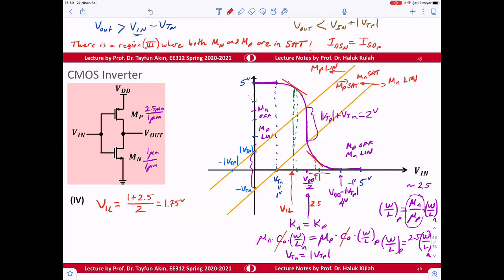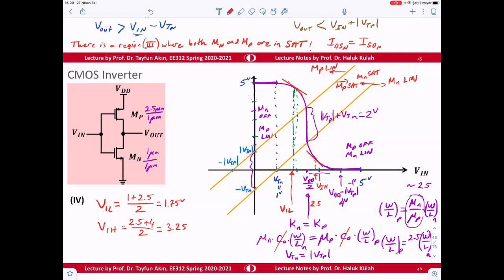V input high is going to be equal to 2.5 plus 4 volts divided by 2, which is going to be what? 3.75.